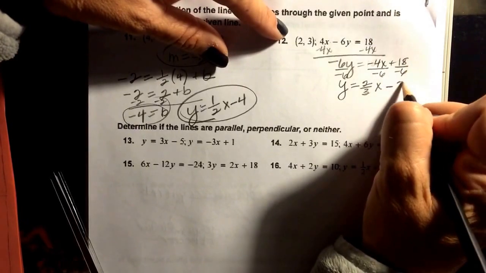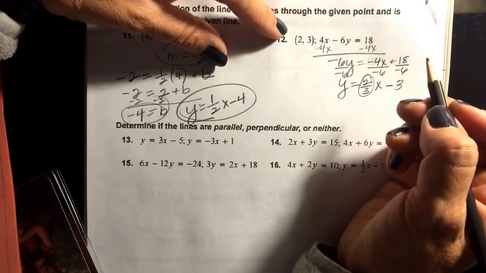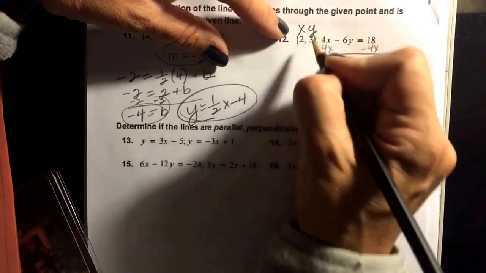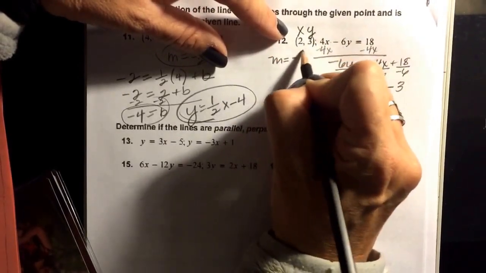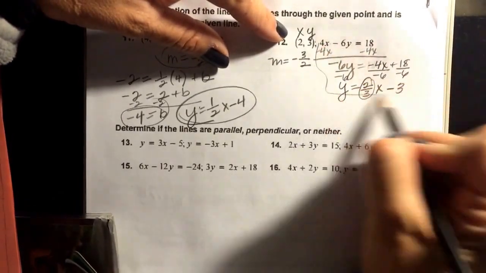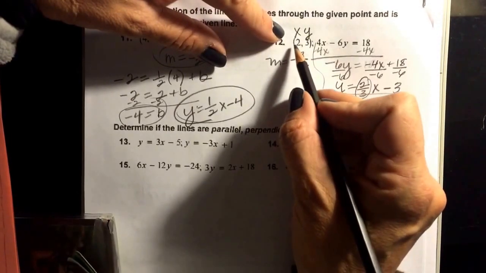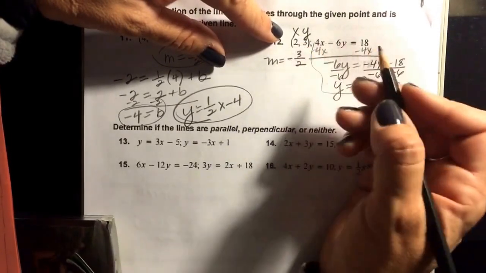Minus 18 divided by 6 is -3, so -3. The slope of this given line then is 2/3, so using my x and y and the opposite reciprocal of 2/3, which is -3/2, I'm going to do my work now to find the equation that has a slope of -3/2 and goes through the point 2, 3.